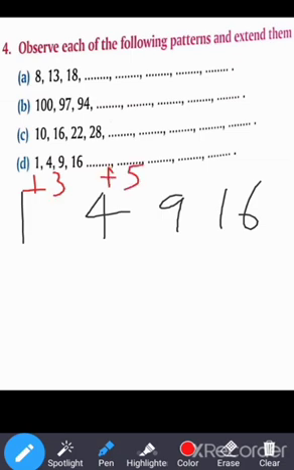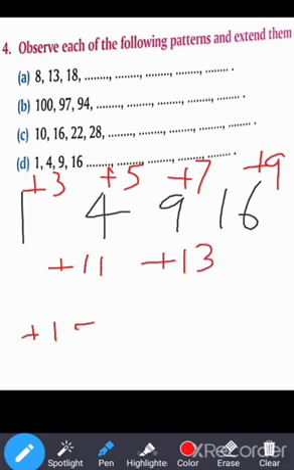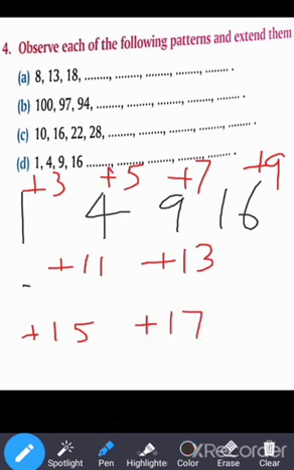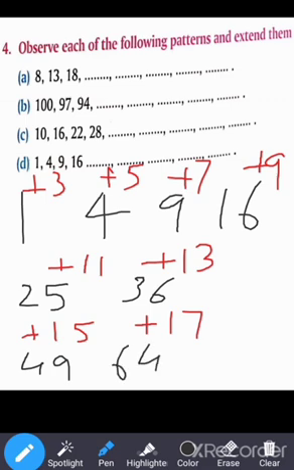Here I'm adding 5 to get 9. Here I'm adding 7 to get 16. So here I'm going to add 9 to get the next number. After 9, I'll add 11, 13, 15 and 17. So 16 plus 9 will be 25, plus 11, 36, plus 13, 49, plus 15, 64, and 64 plus 17 will be 81. So my answers will be 25, 36, 49, 64 and 81.